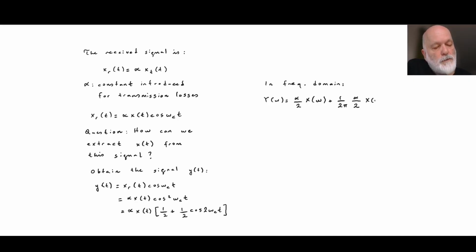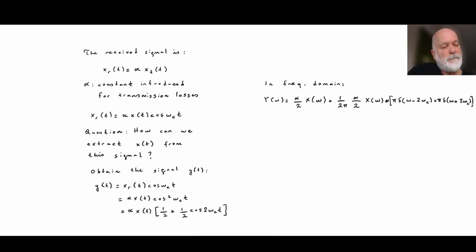Then we have x of omega convolved with pi delta of omega minus 2 omega c, now, because we have a frequency shift to 2 omega c, plus pi delta of omega plus 2 omega c.